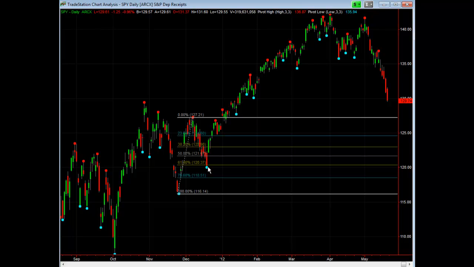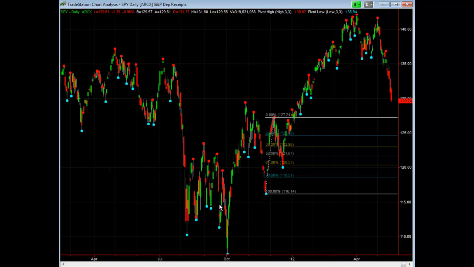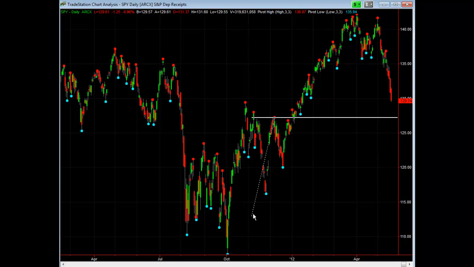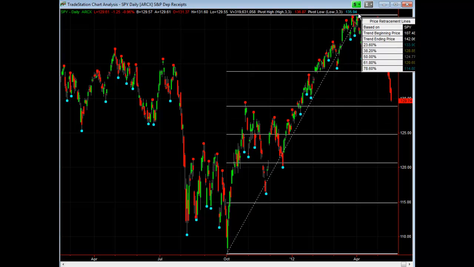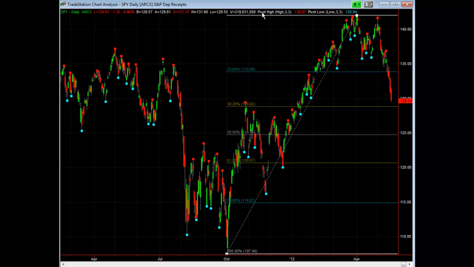So now let's go from this pivot low from October. We'll just use October since that's the low we've had for a year. So I'm going to take the drawing tool, take this low down there, take this up to the high where we topped out here in May.